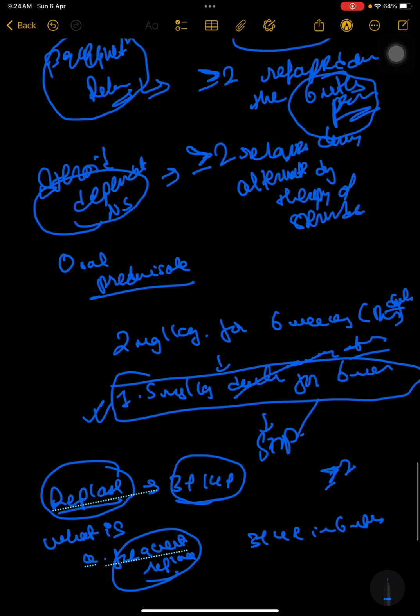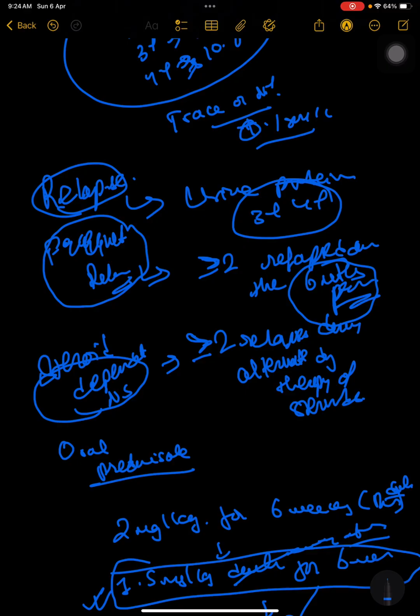Frequent relapse means more than or equal to 2 relapses in a 6 month period. Okay, frequently it's relapsing.